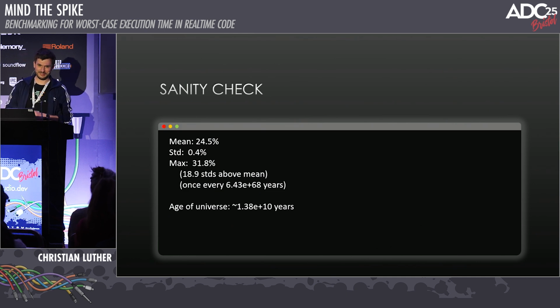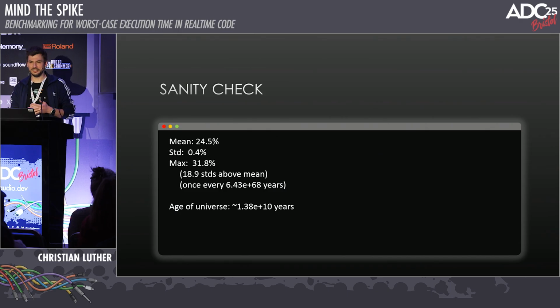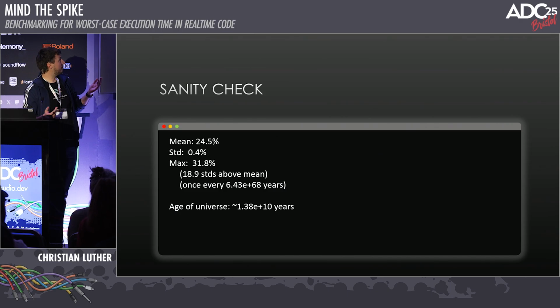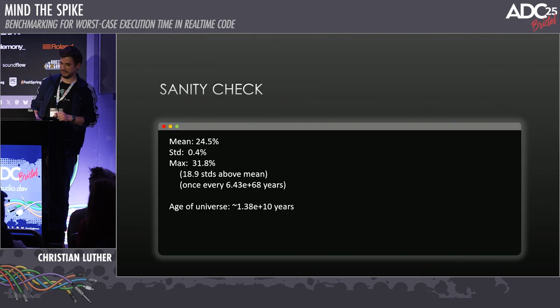It also hints that these 31.8% we've seen through these 30 seconds: is this really the maximum we'll ever see? What happens if we run this code for 30 minutes or 30 hours? Will we find the maximum to be 32, 33%, or something totally out there?